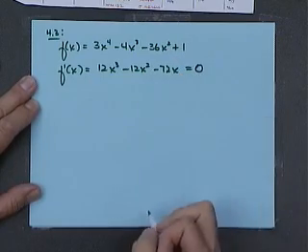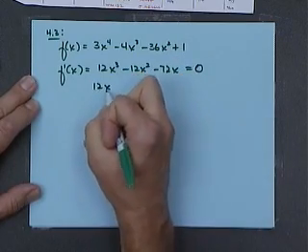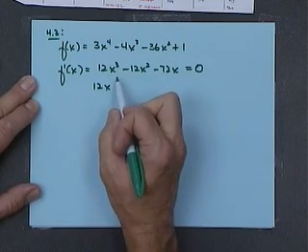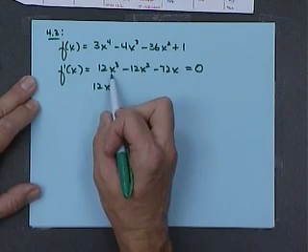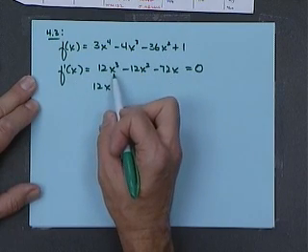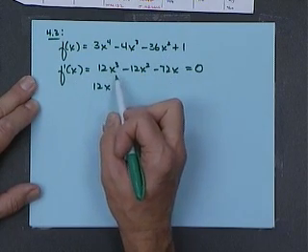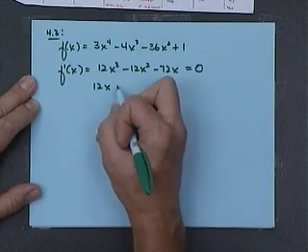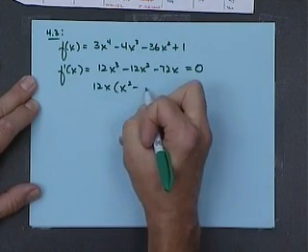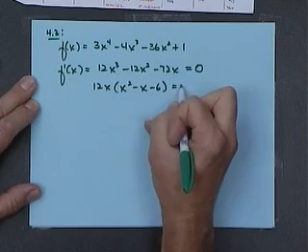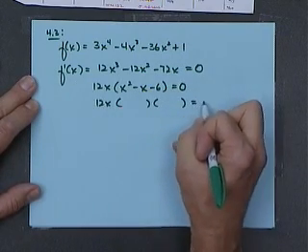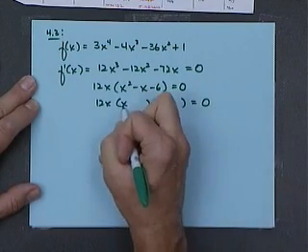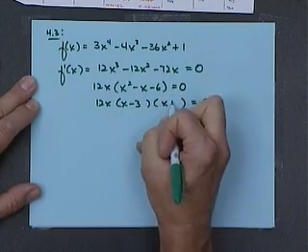We set that equal to 0. Because the derivative did not have a constant, we could factor out a 12x. That gives x squared minus x minus 6 equals 0, and we factored the quadratic trinomial: x minus 3 times x plus 2.